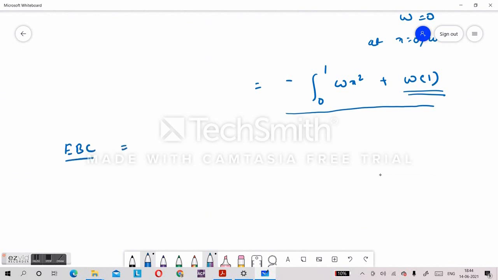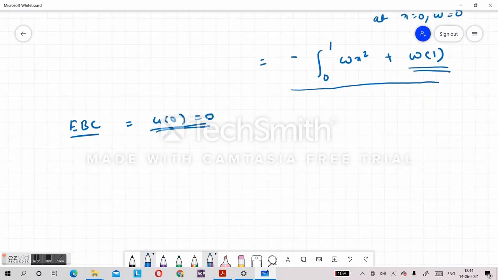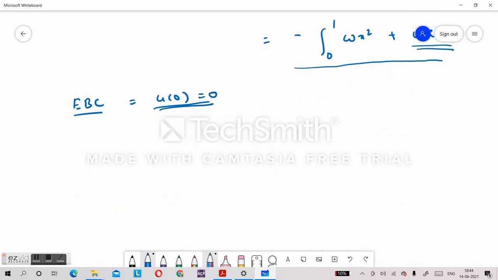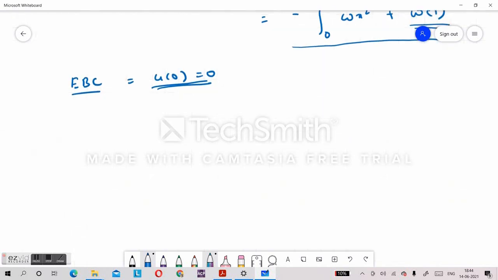The essential boundary condition here is u(0) equals to 0. We will not consider this term because it is not the essential boundary condition. We will consider this boundary condition only for the Rayleigh-Ritz method. So u(0) equals to 0. Then we have to choose a function.